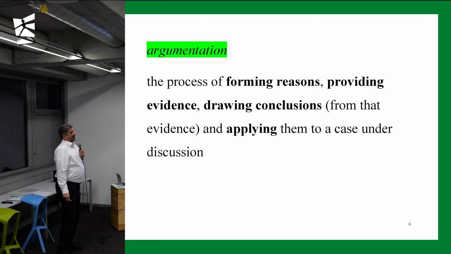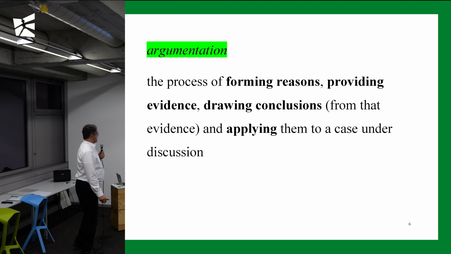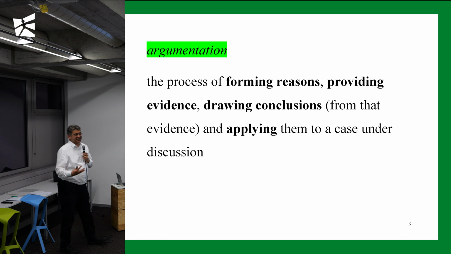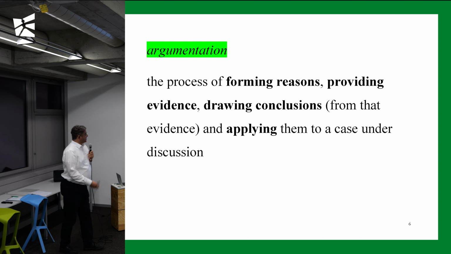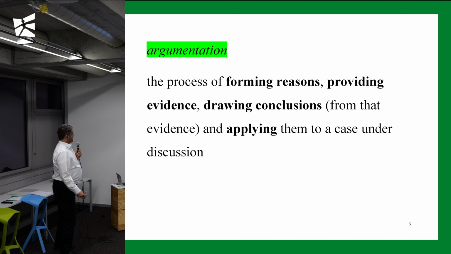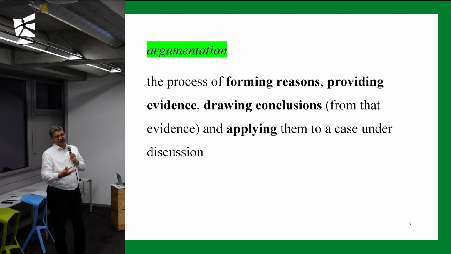Now, going back to my title, argumentation. Well, what is academic argumentation? It's the process of forming reasons, providing evidence, drawing conclusions from that evidence, and applying those conclusions to a case under discussion. And what I might have said at the beginning, well, actually, this is an exercise in critical thinking.